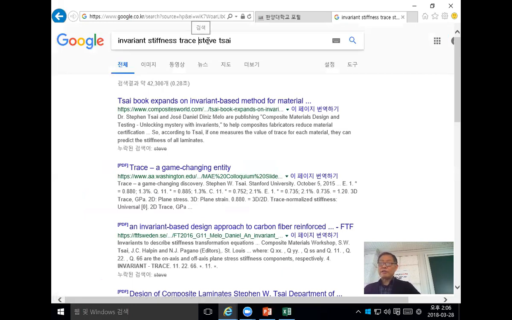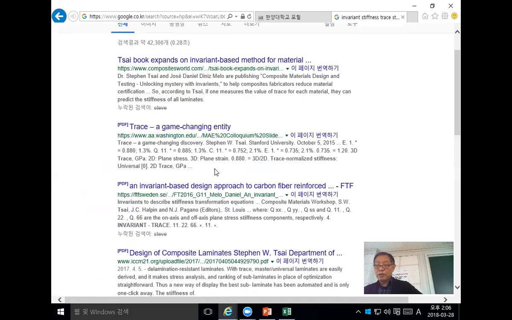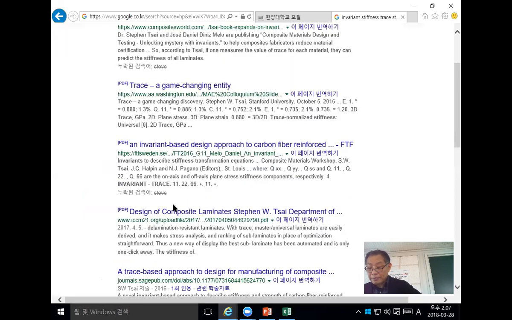Well, recently, Professor Steve Tsai, who I'm going to introduce more, proposed a new theory called trace theory using this invariant. As you can see here, this is not an old theory. This is a very brand new theory called trace, a game-changing theory, from 2017, last year.